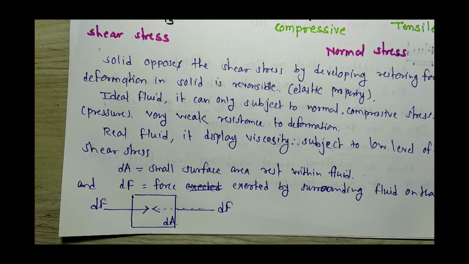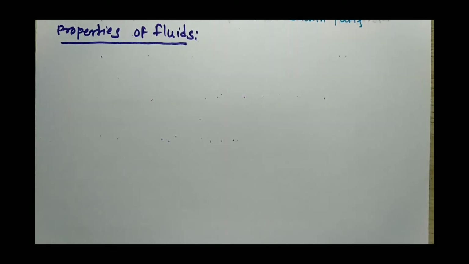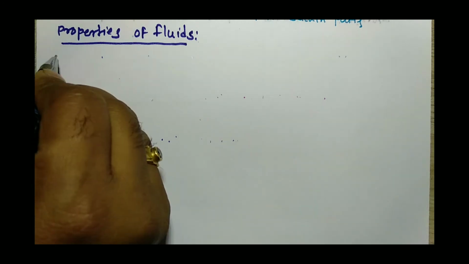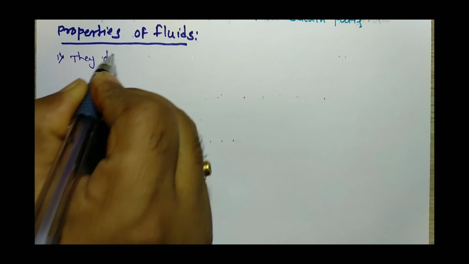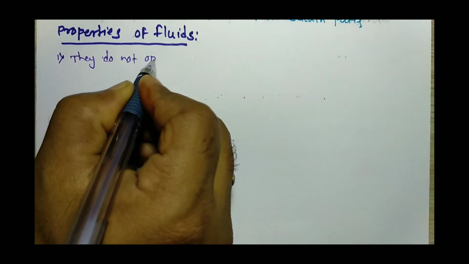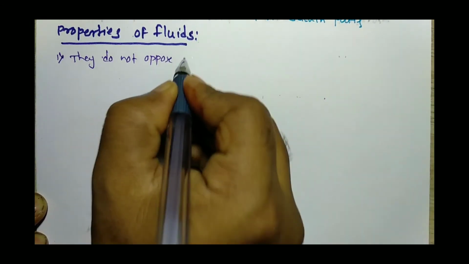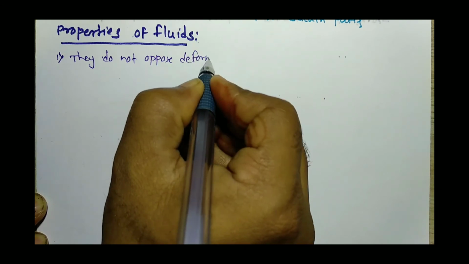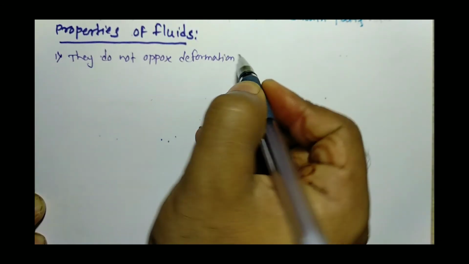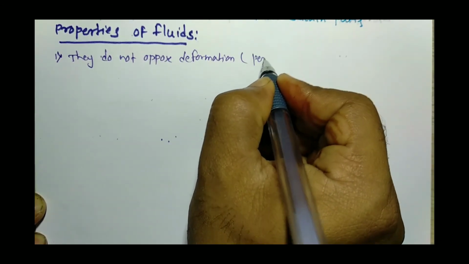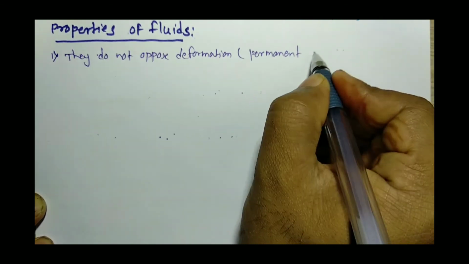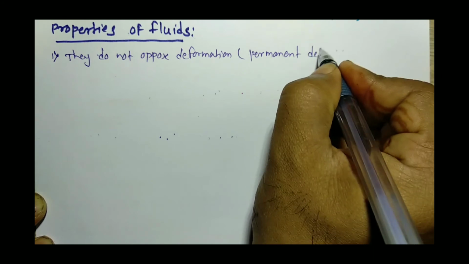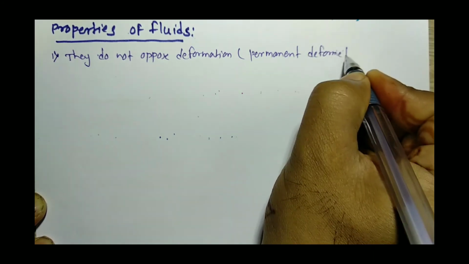Right now we are going with the properties of fluids as follows. Now in the properties of fluid, the first property is that they do not oppose deformation. That means it gives a permanent deformed condition.